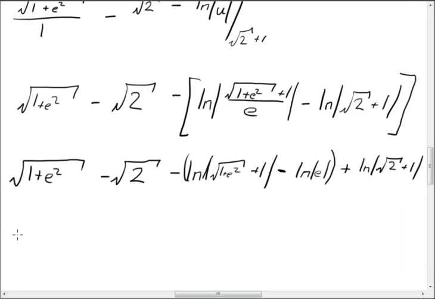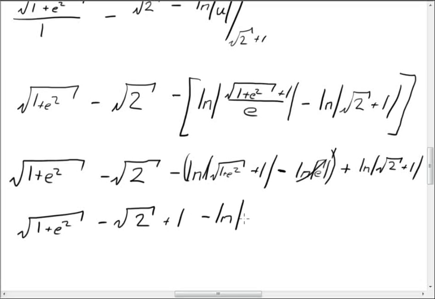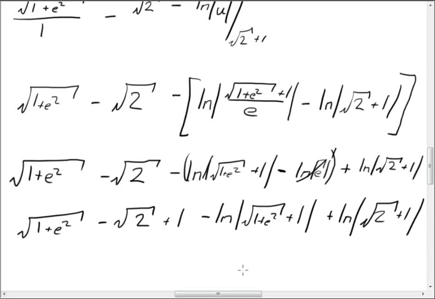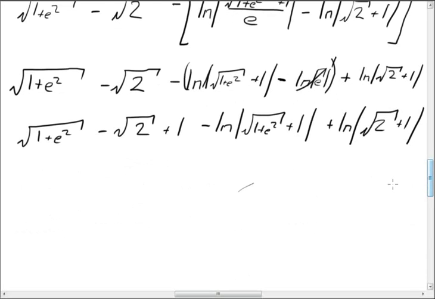So we now have square root 1 plus e squared minus square root 2. This simply goes to 1, so plus 1, because of the negative here, minus natural log square root of 1 plus e squared plus 1, plus natural log square root 2 plus 1. Now, when you plug this into your calculator, it should come out to about 2.003.